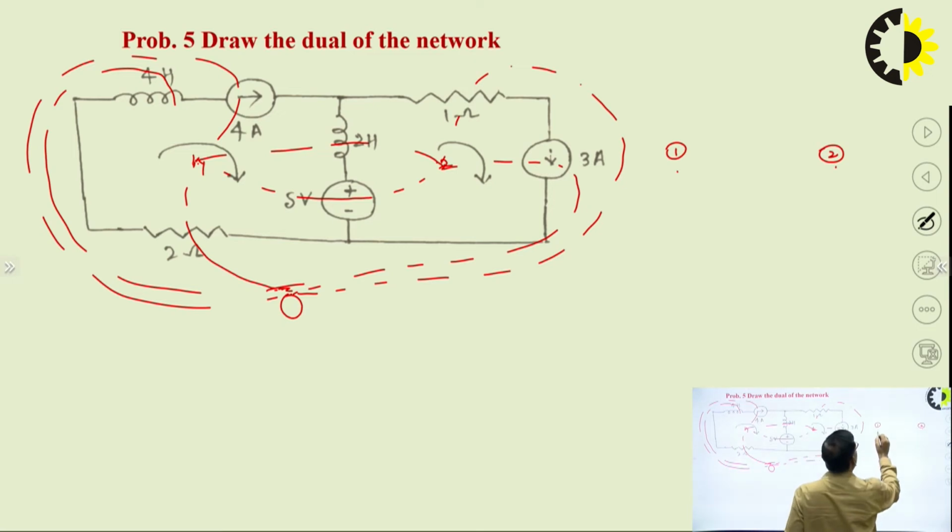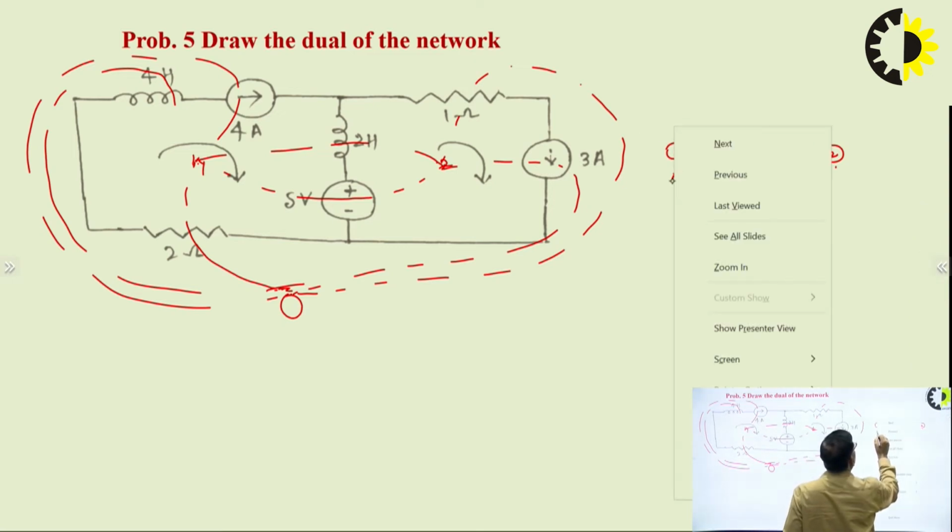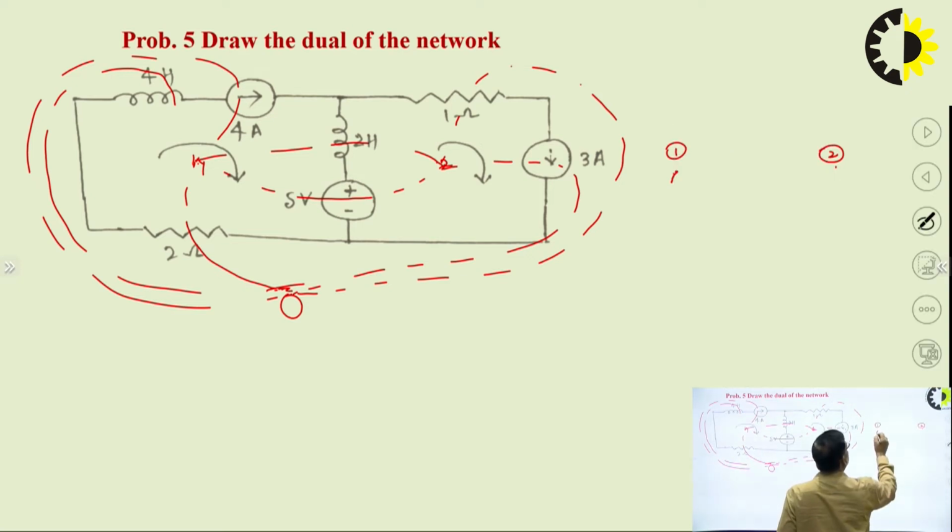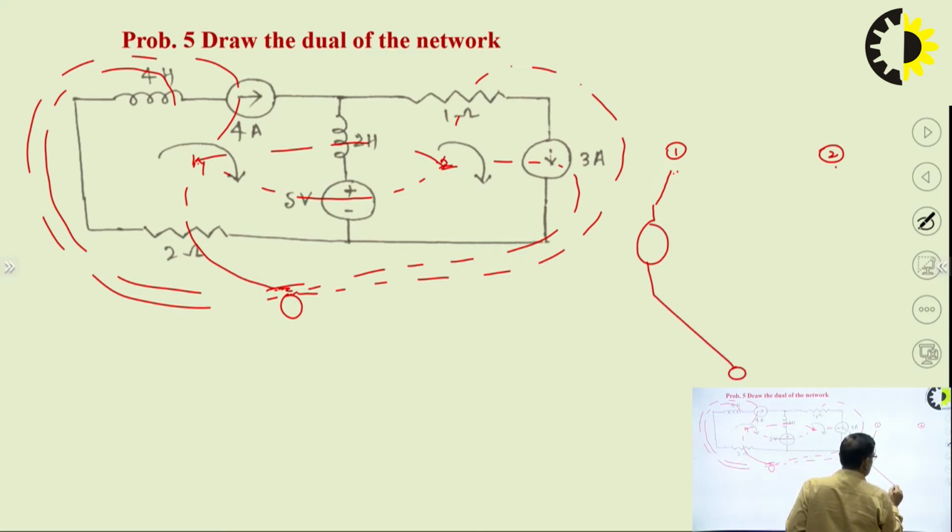So in the dual network it will be a 4 volt voltage source, and since the direction of the mesh current is supporting the direction of the source current, here will be the plus and here will be the minus. Then between 1 and reference we have the 2 mho.